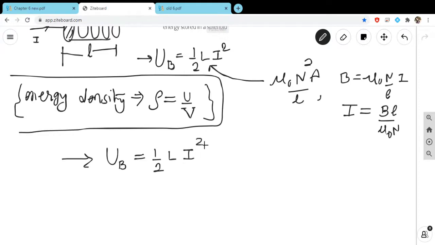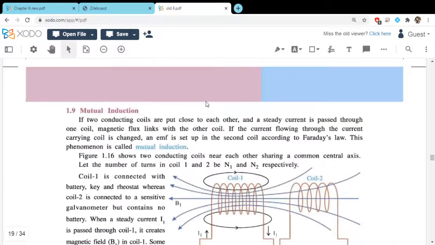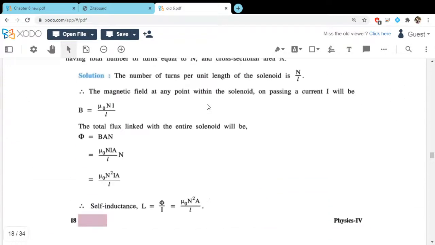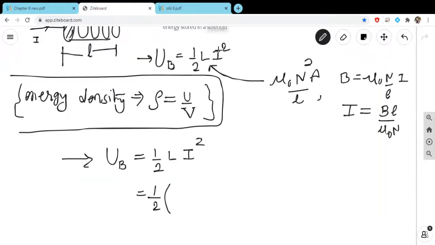Okay, then next step is half the inductance of the solenoid, that we have derived in one of the numericals, the self inductance of the solenoid, mu naught n square A by L. So just put the value mu naught n square A by the length L. This is the value for the self inductance of the solenoid.